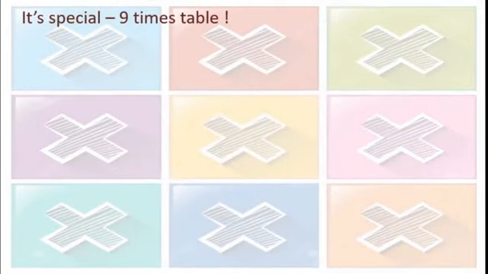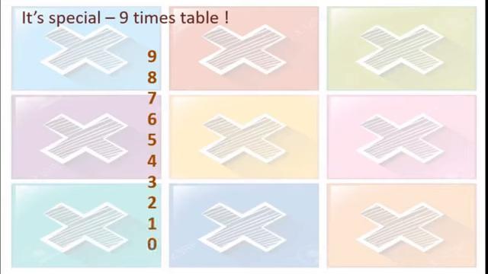Special 9 times table. Okay dear students, we will make now 9 times table in a very special way. You will see. First we will write 9 to 0 in decreasing order. See, 9, 8, 7, 6, 5, 4, 3, 2, 1 and 0. Okay, this is over.